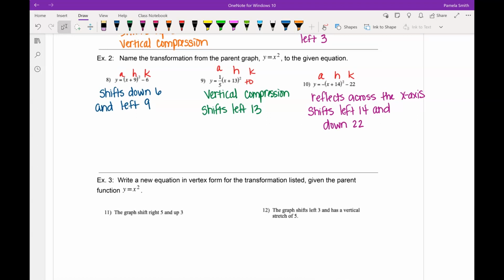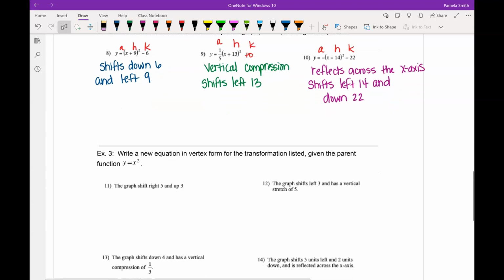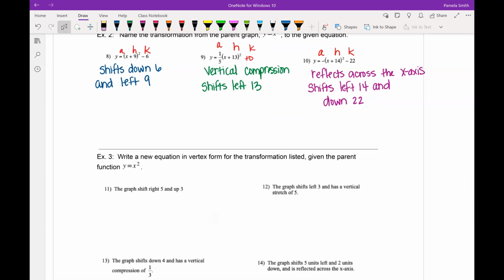So now we're working the other direction. It says write a new equation in vertex form for the transformation listed given the parent function y equals x squared. So the graph shifts right 5 and up 3.